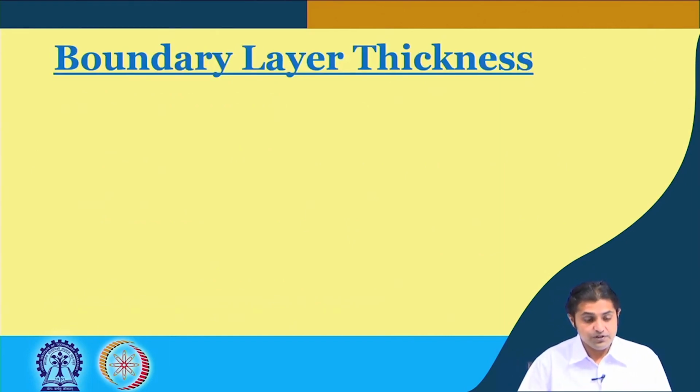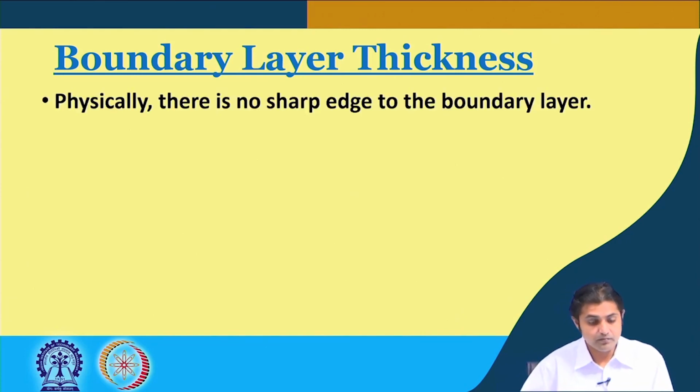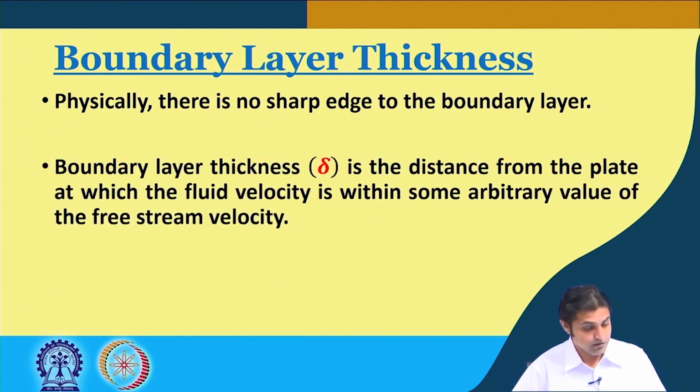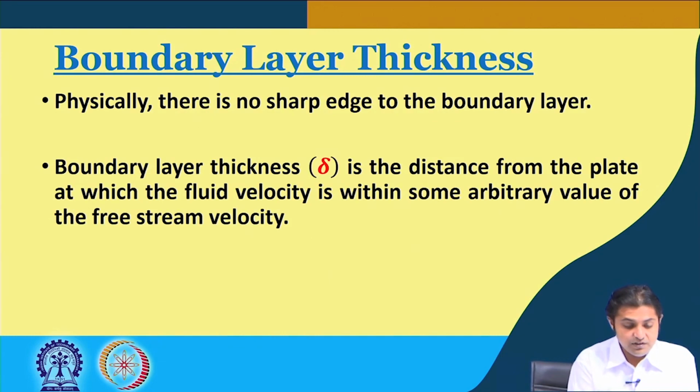Now we are going to see what the boundary layer thickness is. In real sense, physically, there is no sharp edge to the boundary layer. Now the boundary layer thickness is the distance from the plate at which the fluid velocity is within some arbitrary value of the free stream velocity. So this is an important term, boundary layer thickness delta.